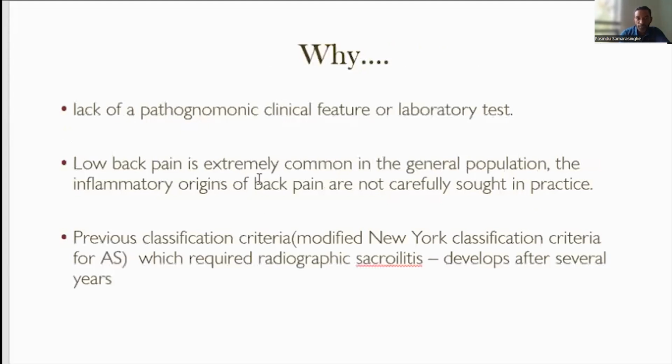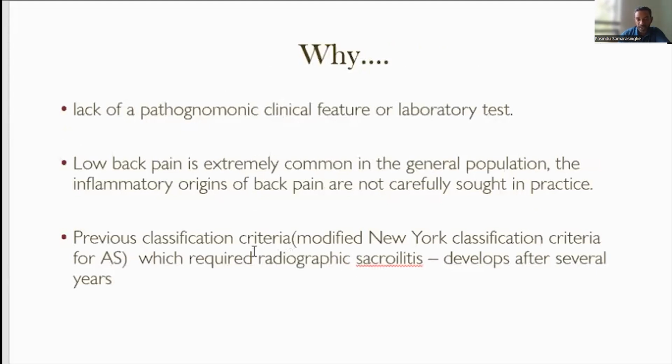So why does this delay happen? Basically, there's no pathognomonic clinical feature or laboratory test to diagnose this. And then again, lower back pain is extremely common in the general population. And the inflammatory origins are not carefully sorted in day-to-day practice because it's very common. And then the previous classification required X-ray changes, which developed only after several years.